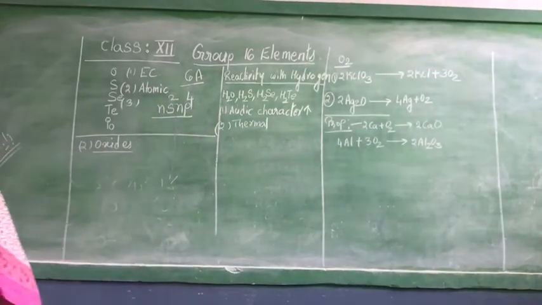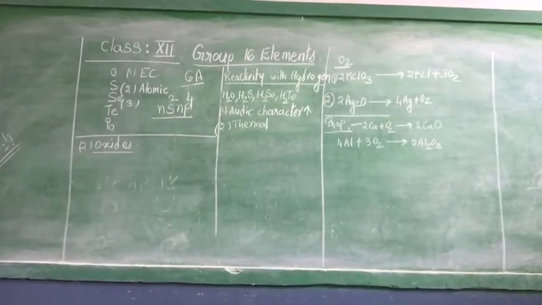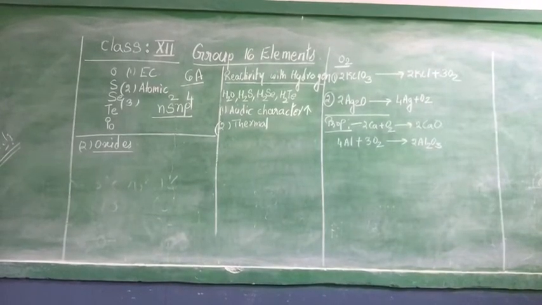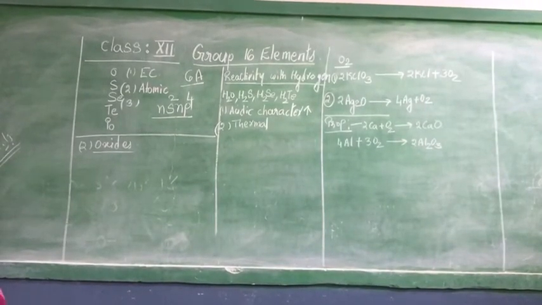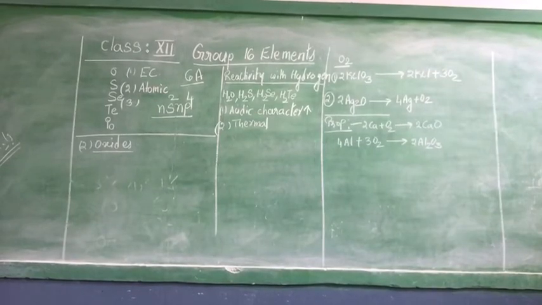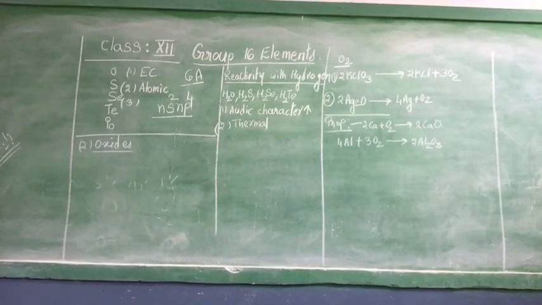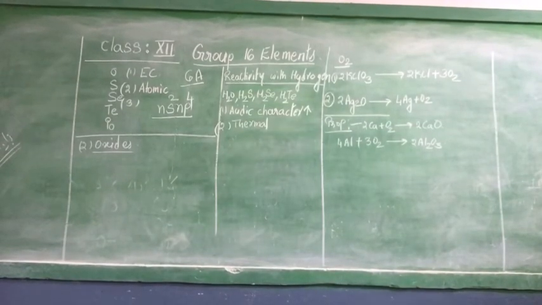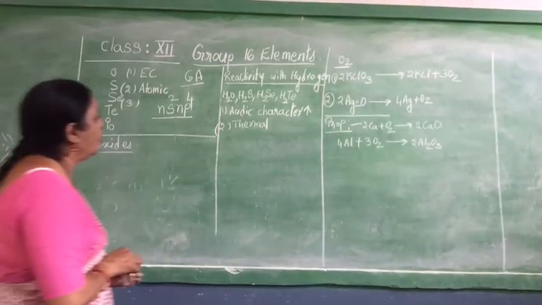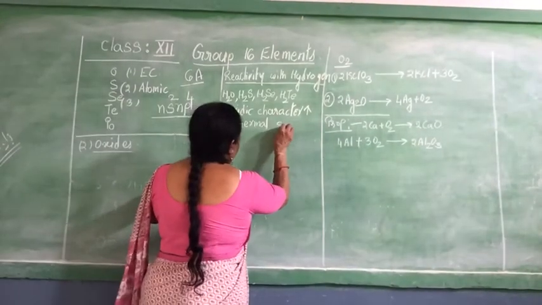Now, as we move down, the acidic character increases from H2O to H2Te, and the increase in acidic character can be explained in terms of decrease in bond enthalpy.